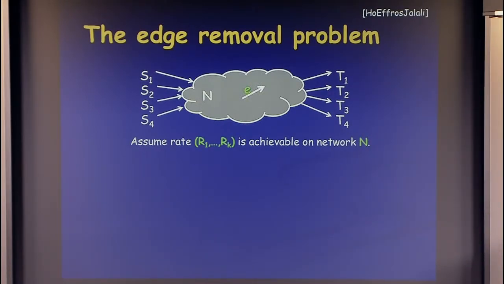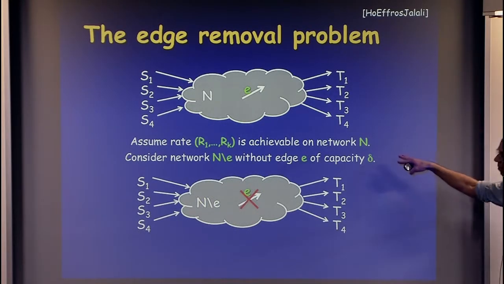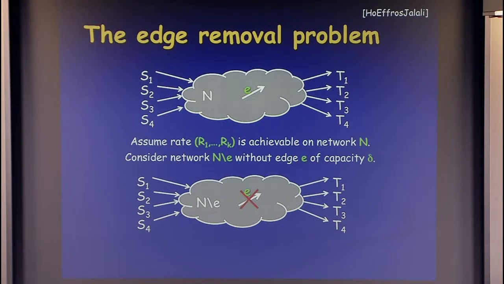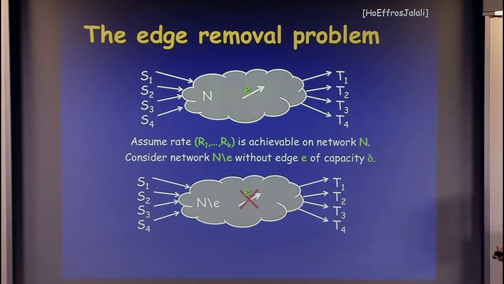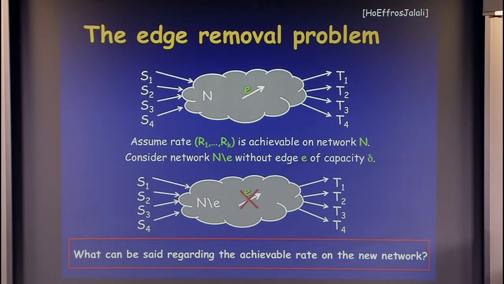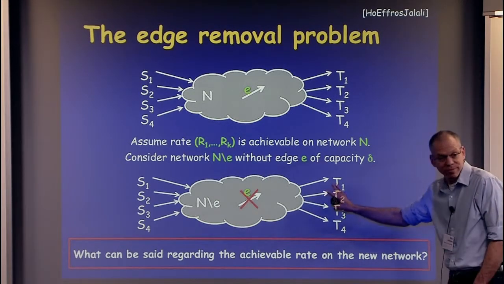This network has a certain edge, E, and this edge E has a certain capacity, delta. And the question that we're asking here is, what happens to my communication capabilities when I remove this edge E from the network? So what can be said regarding the achievable rate on the new network without the edge?